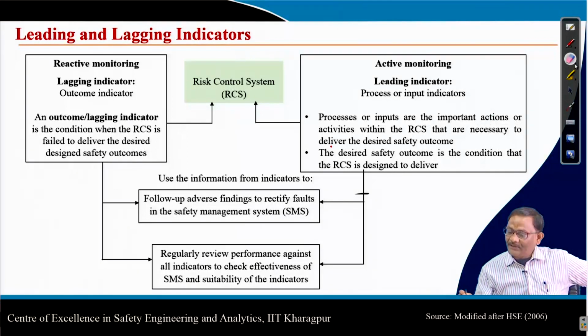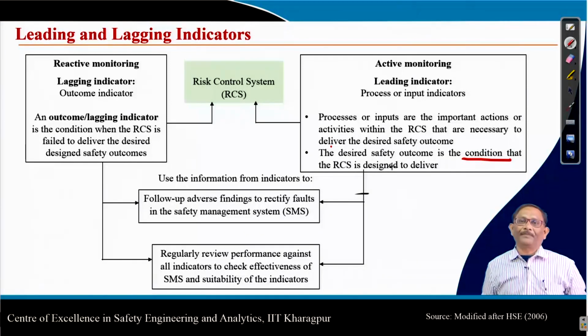And then what is the indicator? What is the desired safety outcome? The desired safety outcome is the condition that the RCS is designed to deliver. I will give you one example. If the RCS is the operating procedure, then what is the desired safety outcome?